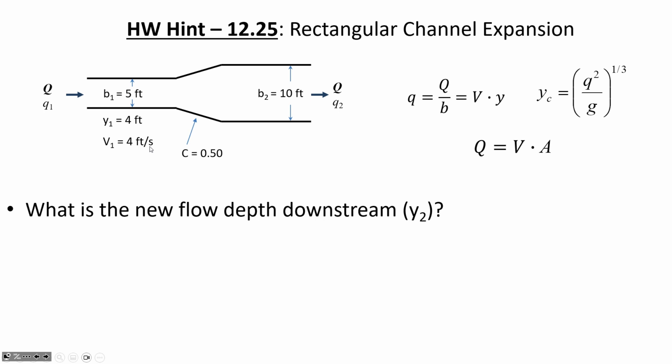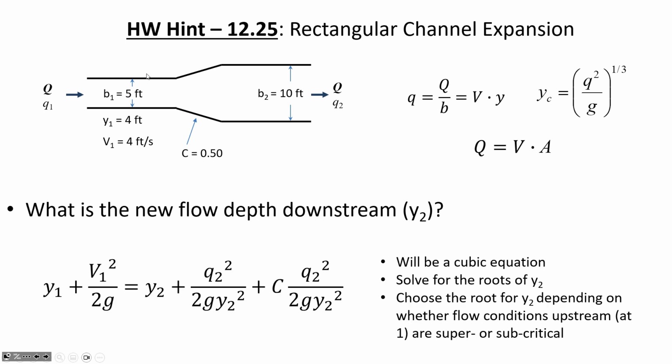But the specific energy formula, when we have an expansion, looks like this. It's the same exact idea as what we were just looking at in the previous problem, where there's a certain amount of energy at location 1. So there was some energy upstream. Then a change occurred, which takes some of the energy out of the system.